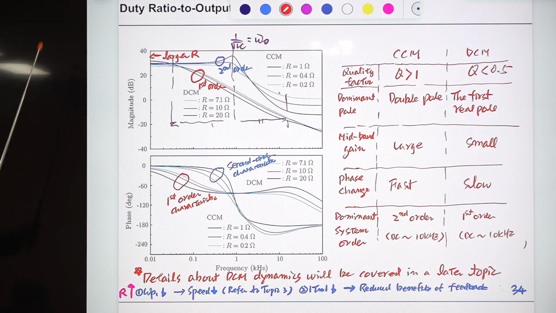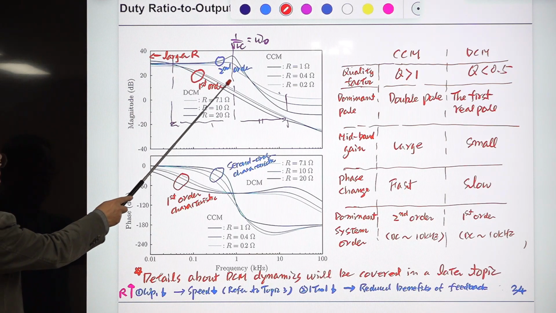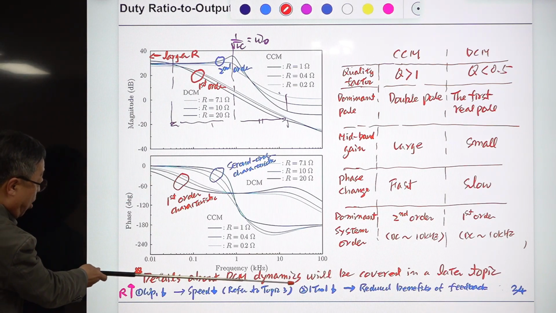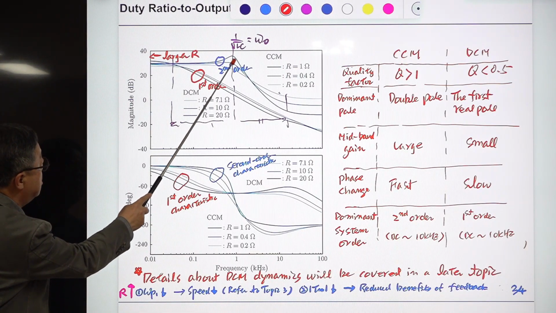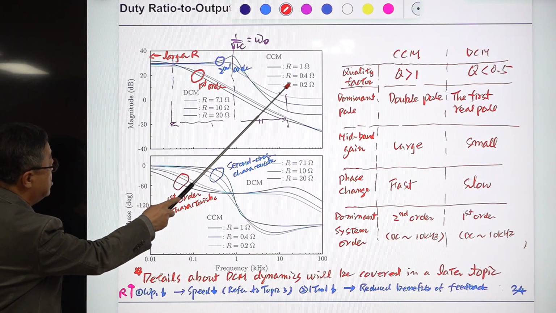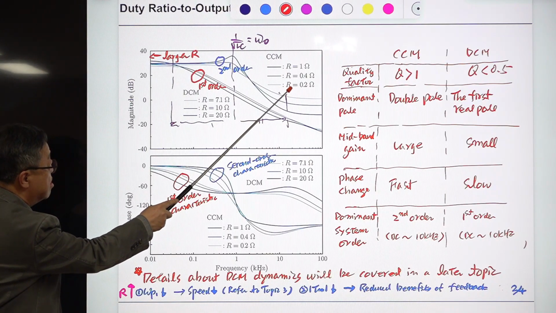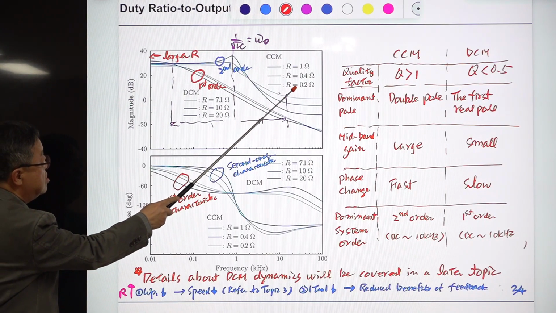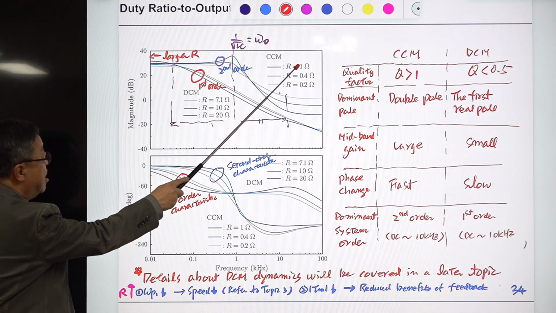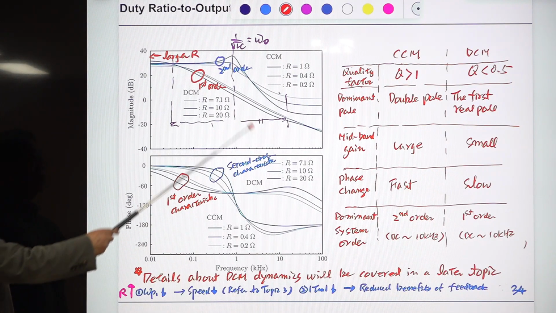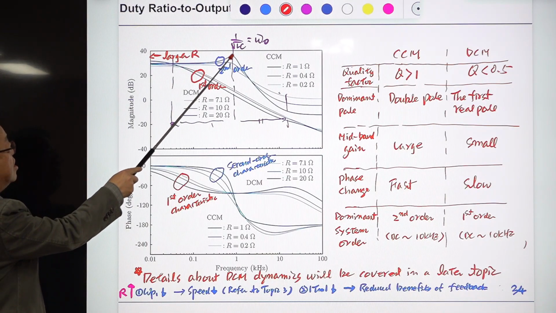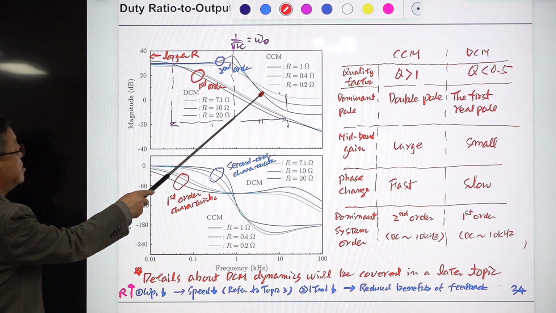Originally the converter is in CCM, I think this is the buck-boost example, and the CCM double pole is here. If you increase R, the converter still remains in CCM. This is the second order CCM characteristic.